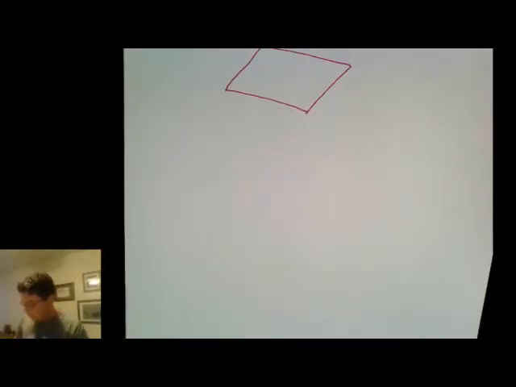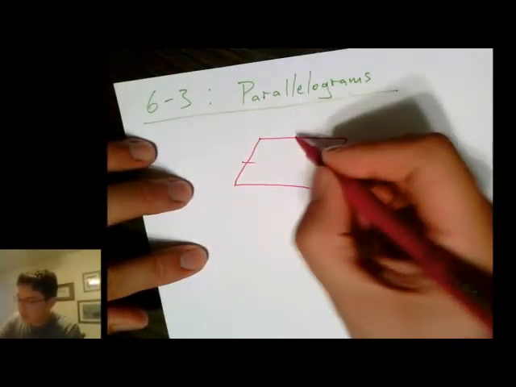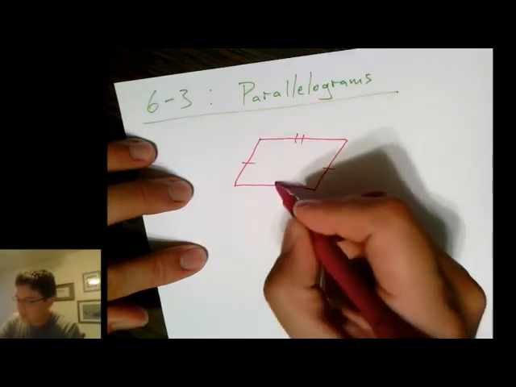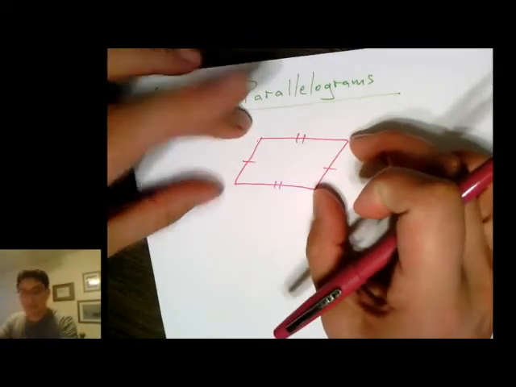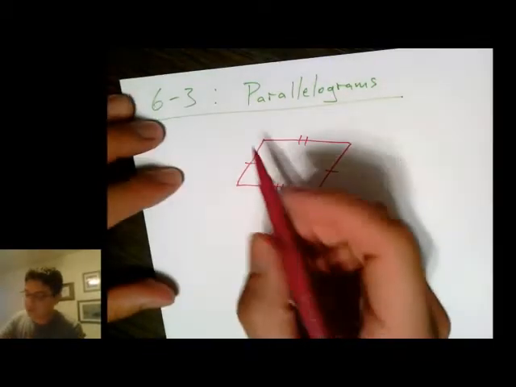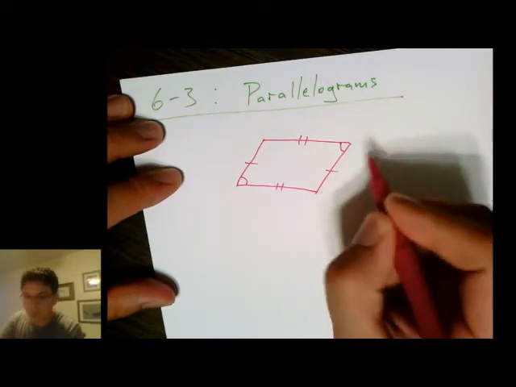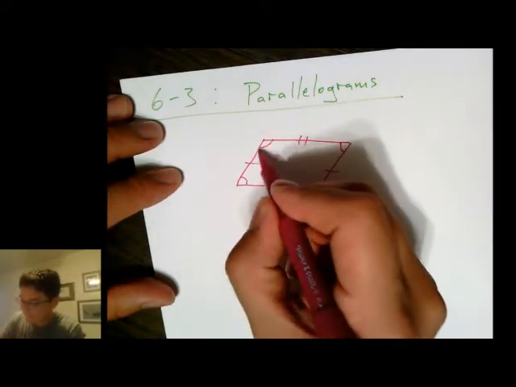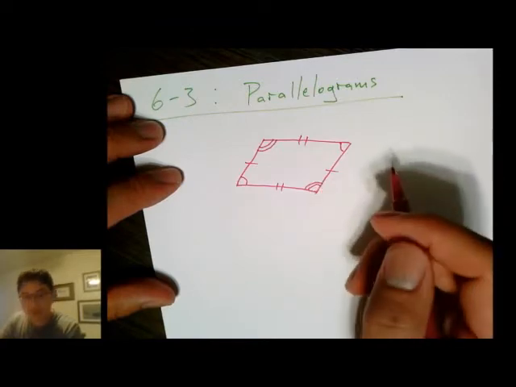So we have a four-sided object. Our special properties for this are that opposite sides are always going to be congruent. So this side will be equal to this side, and this side will always be equal to this side. Because all of these side lengths are equal, all of the angles are going to be preserved, so opposite angles will also be congruent, which leads to why we call this a parallelogram.